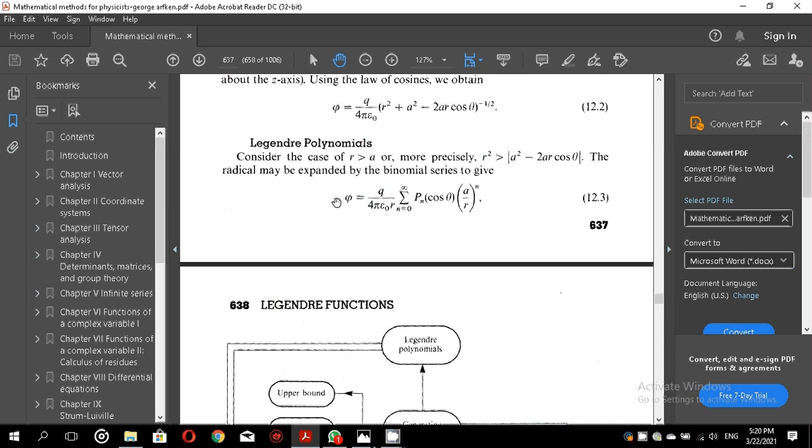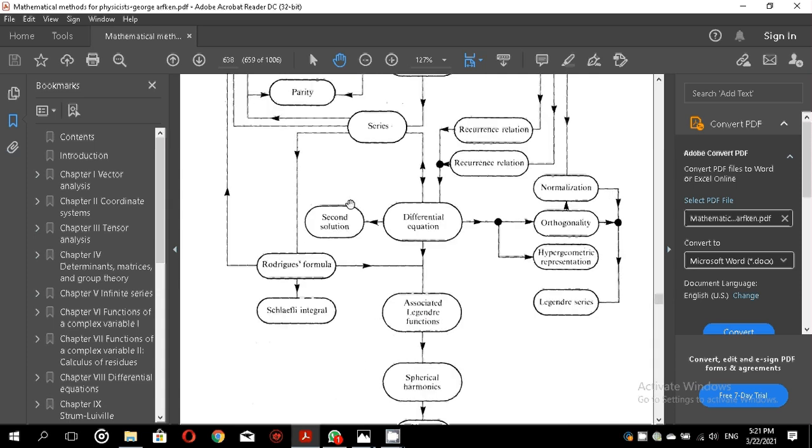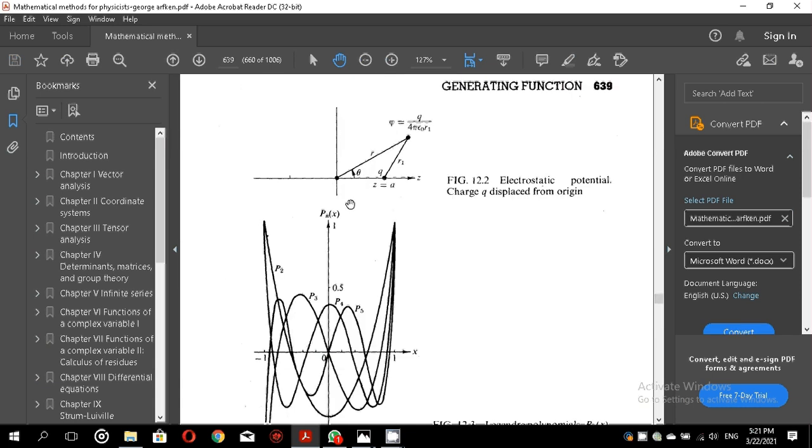So you will ultimately see that the electrostatic potential is given by this expression. Here is the use of the Legendre polynomials. We have substituted cos theta for x, and we have substituted a over r for t from the generating function of the Legendre polynomials to reach this result. So this is the electrostatic potential of this diagram, in which a single charge is placed at the distance z equal to a, and the potential is being evaluated at this position.